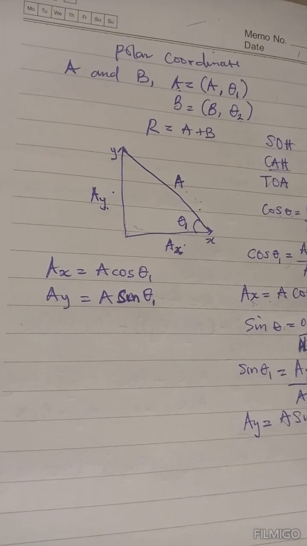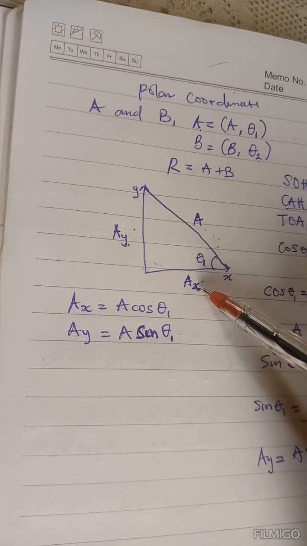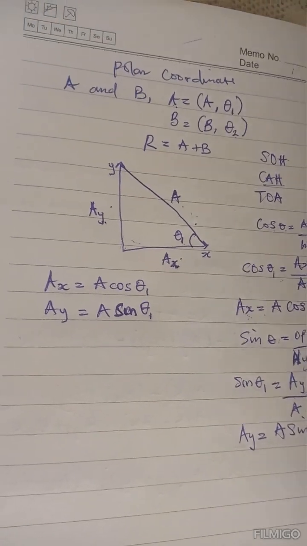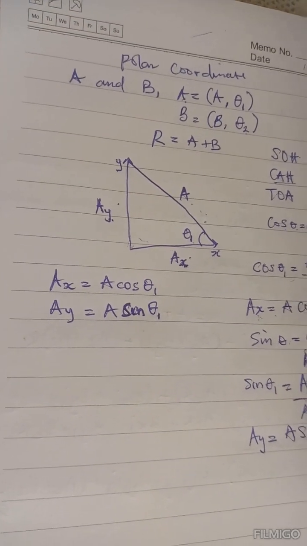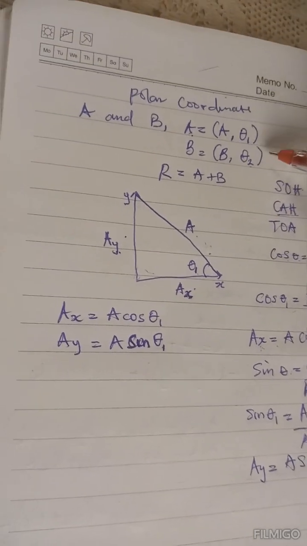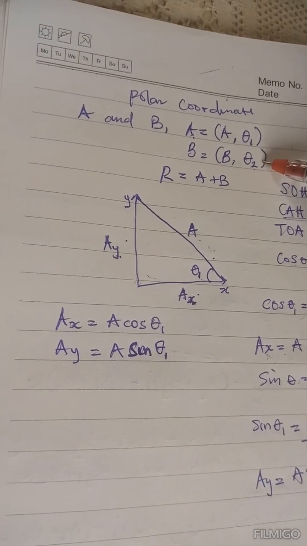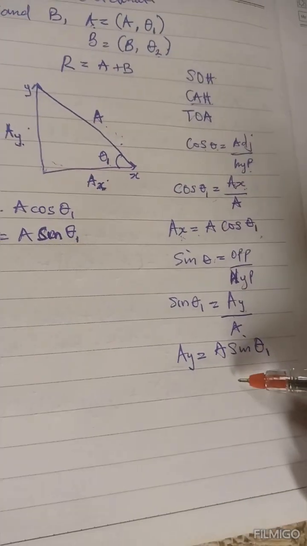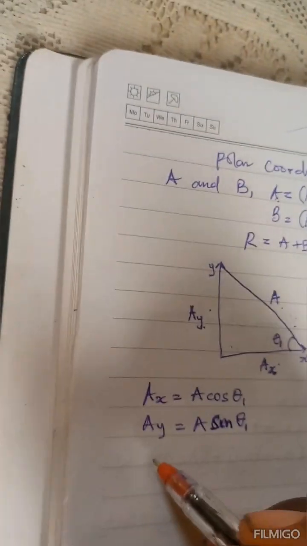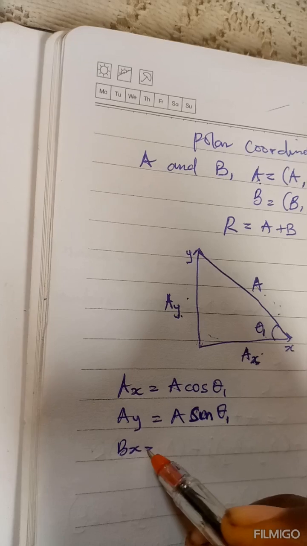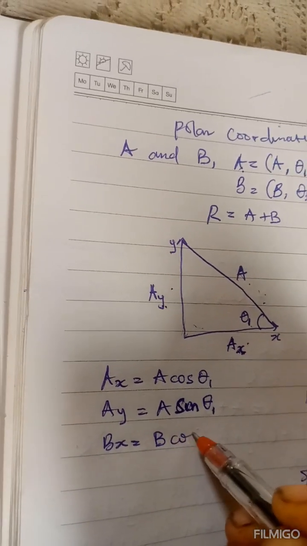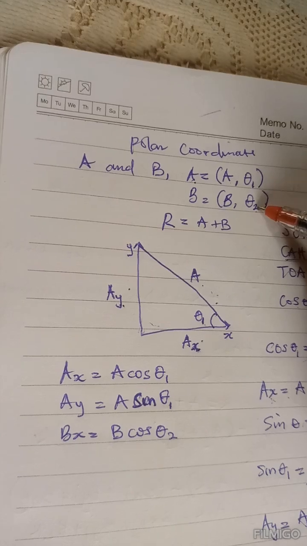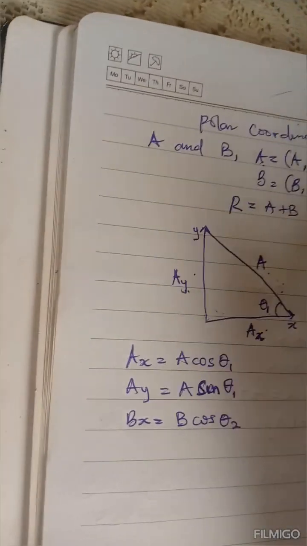Okay, so which means a vector can be resolved into two components, x and y. If we do the same for vector b, we already know that we don't need to start all of this over again. For bx, it is going to be b cos theta 2, because the angle for b is theta 2.